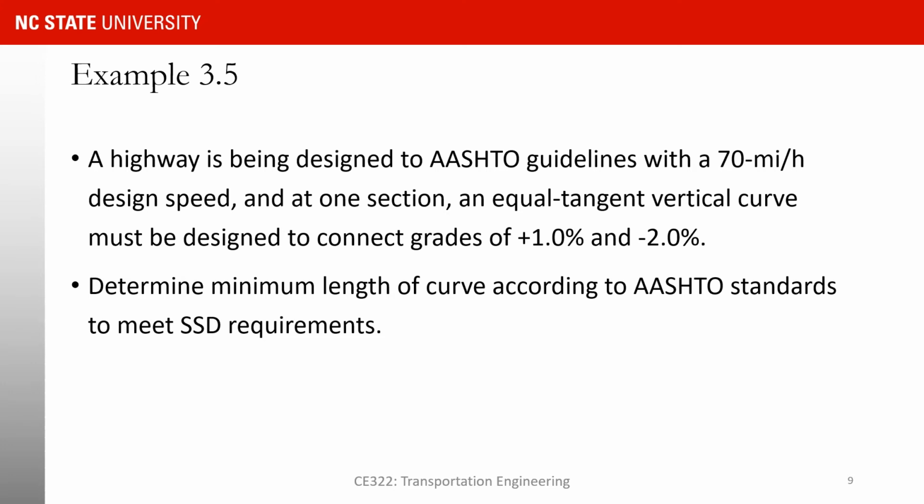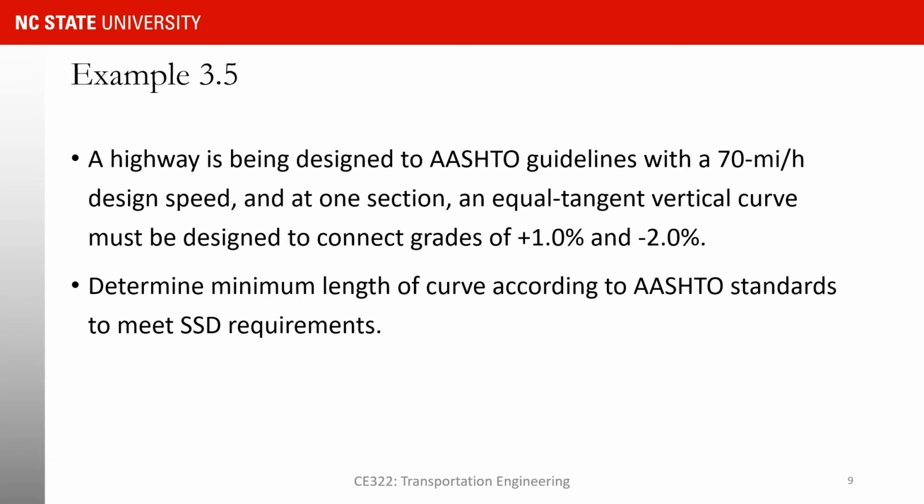So we have a highway that is designed up to AASHTO's guidelines. The design speed is 70 miles per hour. At one station, we have an equal tangent vertical curve that connects grades of +1 to -2. So this is a crest vertical curve.